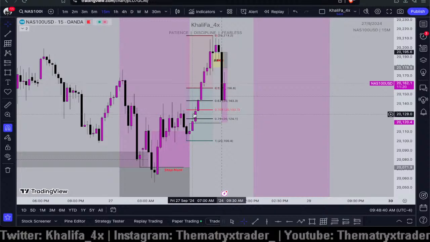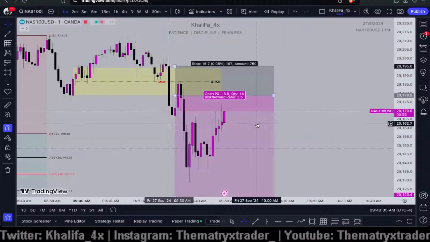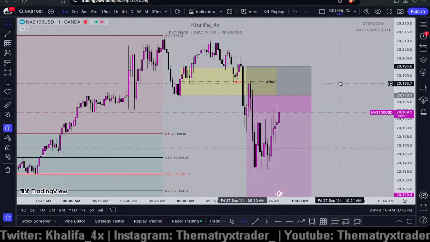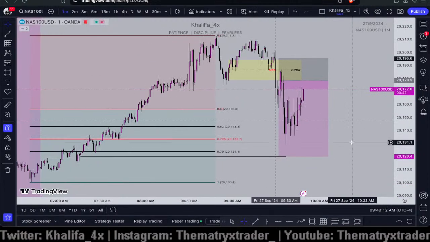I already marked out this fair value gap for you folks, but since we did not tap into this 0.79 retracement level, although this key level 705, this is the sweet spot, and we actually got the entry from this sweet spot, but I'm willing to accept this if it does not come till this.